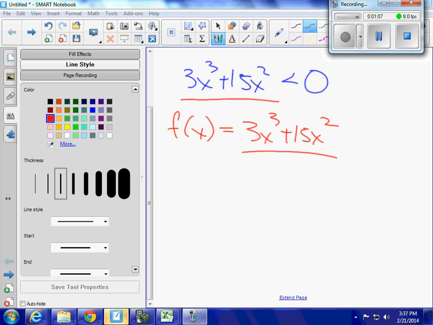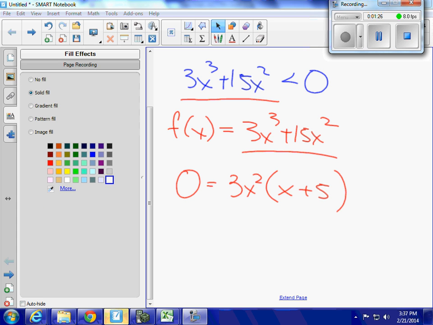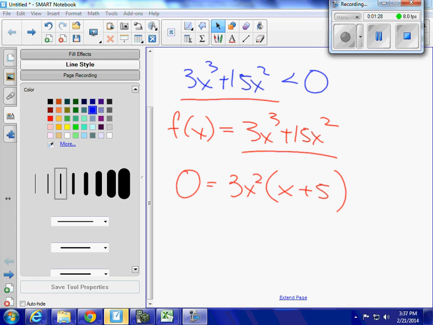I'm going to say, well, that could be 3x squared times x plus 5. I just factored out my common monomial. So I'm trying to find the zeros. That means I'm trying to find what sets y equal to 0. And I can see that I'm going to have a 0 at x equals 0, and another 0 at x equals negative 5.